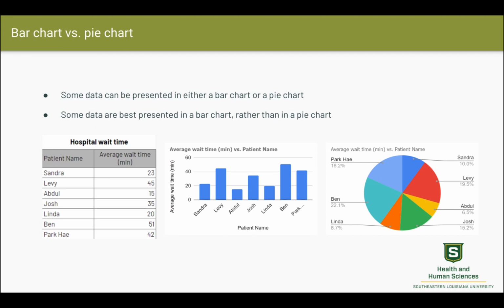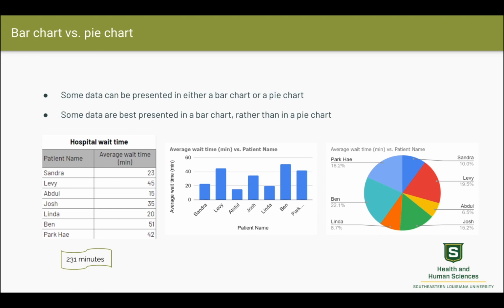However, the pie chart just gives us percentages. That does not give us any information about the time that they have waited. There is not a lot of information that we can get out of the pie chart. What does 10% mean? The total of all the times in minutes when we combine everything is 231 minutes.